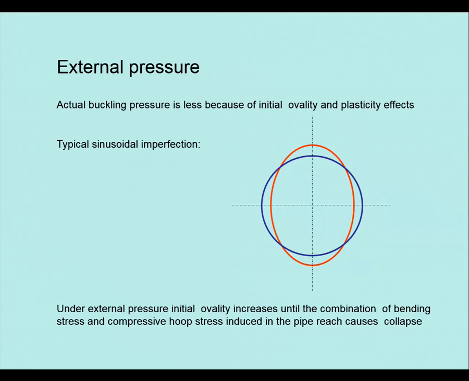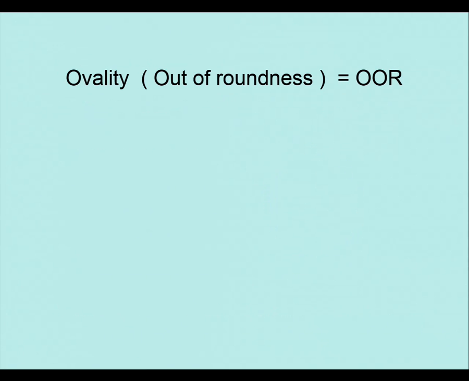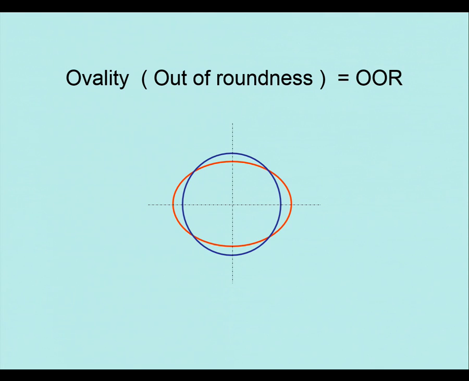So under external pressure, initial ovality increases until the combination of bending stress and compressive hoop stress induced in the pipe reaches or causes collapse. So if you look at that outer roundness, we draw it again. Draw it the other way this time. So if we take the diameter of the blue minus the minor axis of the red ellipse and divide it by 2, then you get delta D over 2.